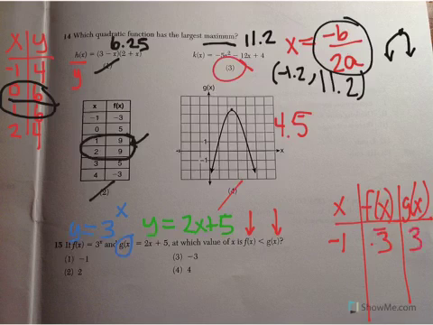So let's see if that works so far. Is f of x smaller than g of x? Well, yes. 0.3 is smaller than 3. So number 1 is the right choice, and I don't even have to check the rest.